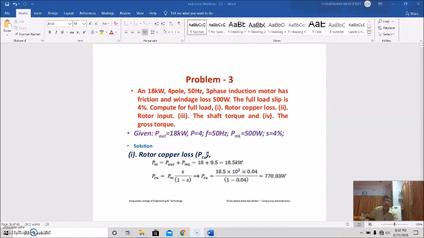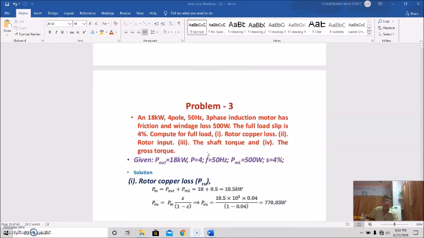Now another problem. I don't know whether we will finish it in today's class or not; we have to continue in the next class also. An 18 kilowatt, 4-pole, 50 hertz, 3-phase induction motor has friction and windage loss of 500 watts. Full load slip is 4%.